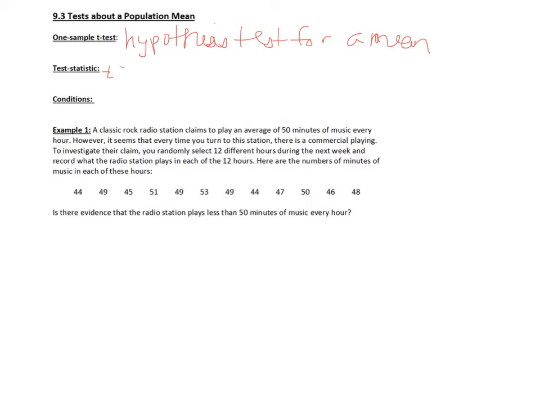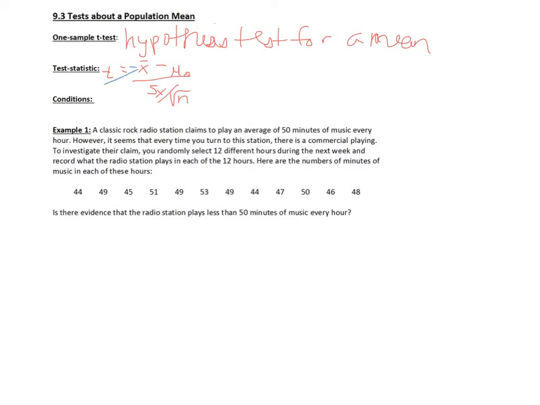So it will be t is equal to the sample mean minus, I'm going to call it mu sub 0, over my standard error, which is sx over the square root of n. So I'll just label these.